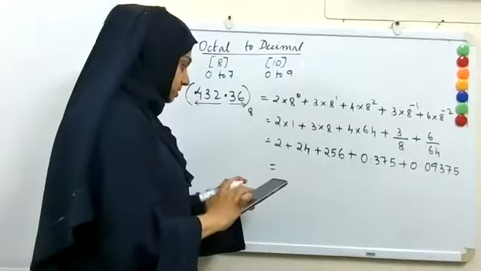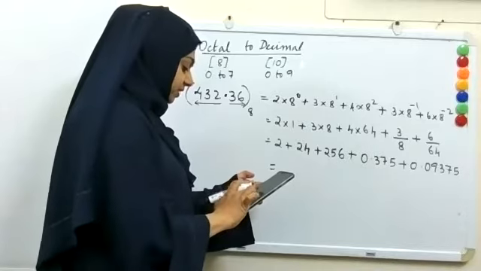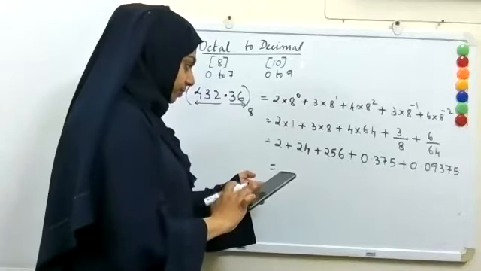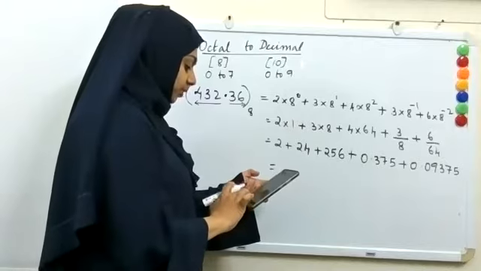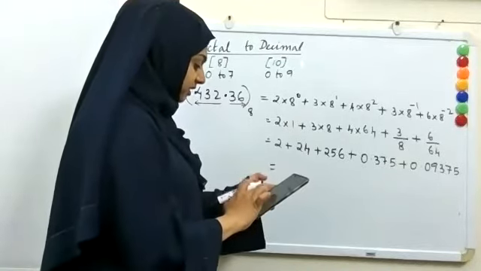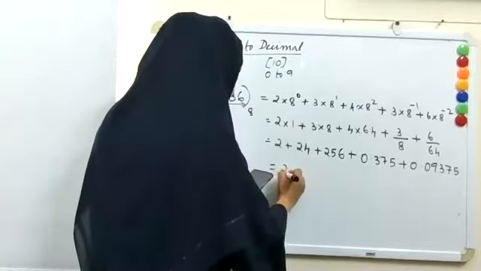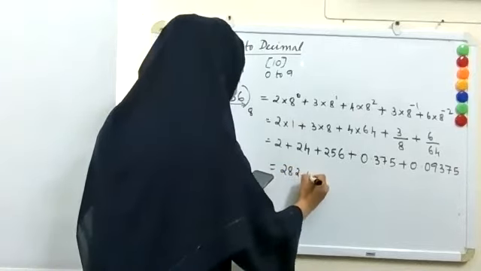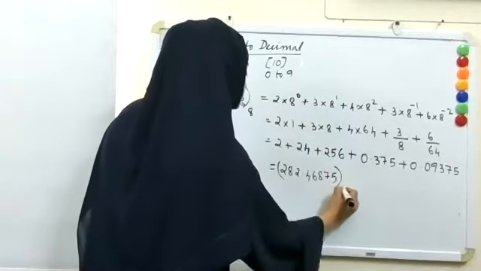So 2 plus 24 plus 256 plus 0.375 plus 0.09375. So you will get the answer as 282.46875 to the base 10.